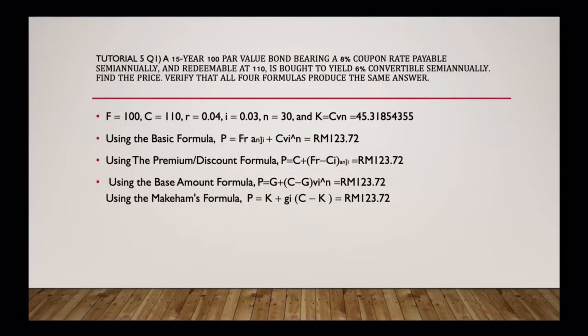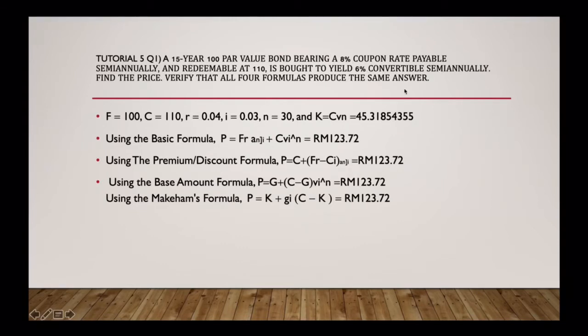From the very first formula, we start by listing all the important values: F equals 100, which is the par value, and C equals 100, which is the redemption value. Then r equals 0.04, from the coupon rate of 8%, but since it is semi-annual, this is the effective rate of interest, so you divide it by 2 and it becomes 0.04.